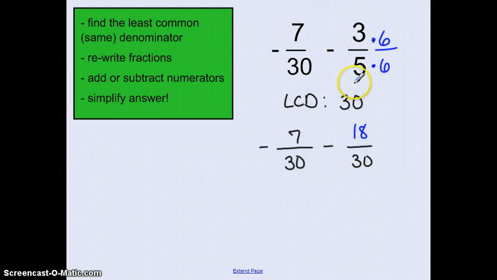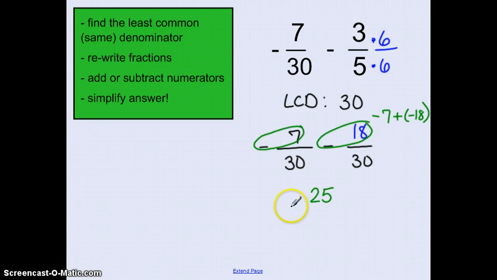Now I need to subtract. What I have is negative 7 minus 18. I'm going to remember that negative 7 minus 18 is like saying negative 7 plus negative 18. When I have two numbers with the same signs, I add them and keep the sign. So 7 plus 18 is 25.